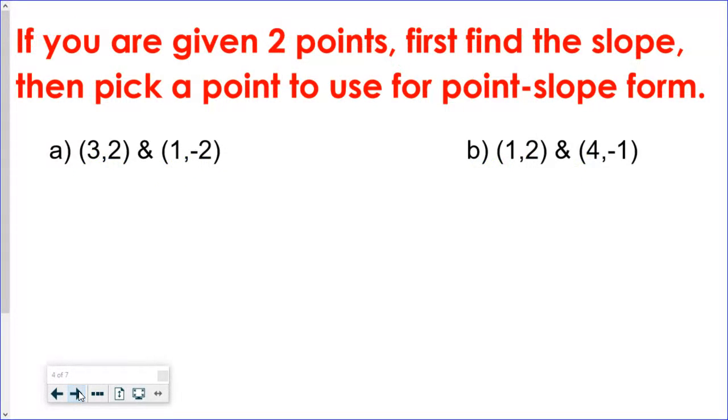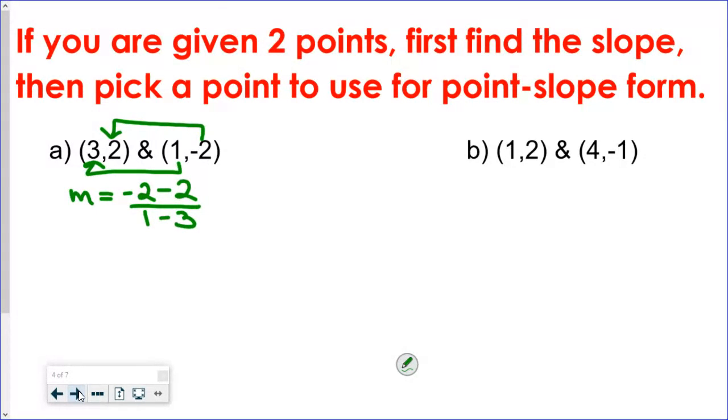Okay, now here we go. It says, if you are given 2 points, first find the slope, then pick a point to use in point slope form. So first you have to find the slope, like we did the other day. So y minus y over x minus x. So y minus y, -2 minus 2, over x minus x, 1 minus 3.